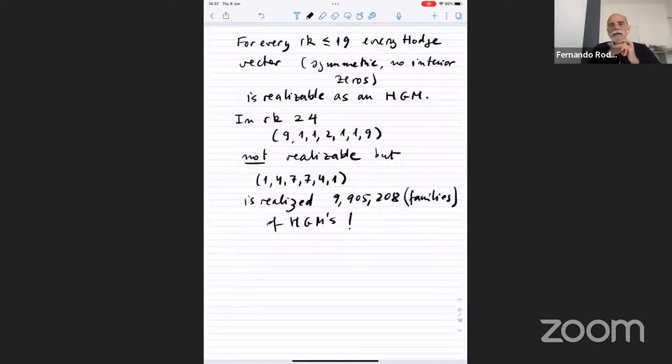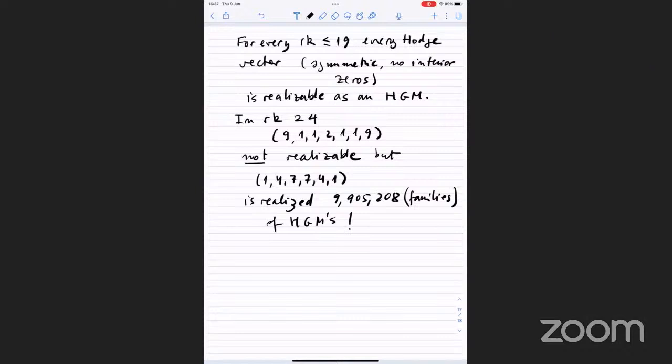There was quite a bit of interest in Hodge vectors 1, 1, 1, 1, the kind of thing that appears in Calabi-Yau and mirror symmetry and so on, with Sp4 or the paramodular Sp4s. Other than that, I'm not aware of other things.